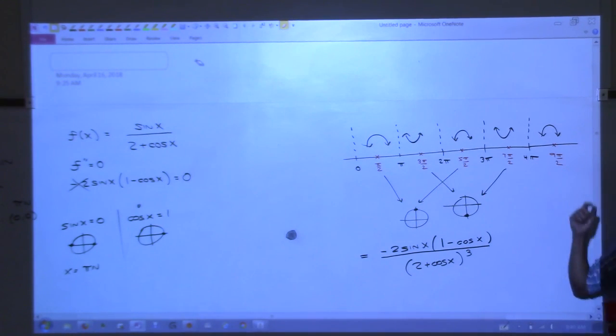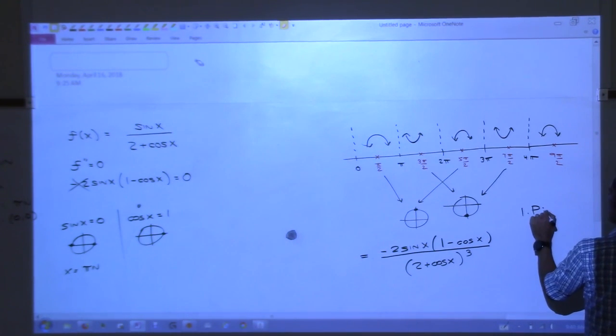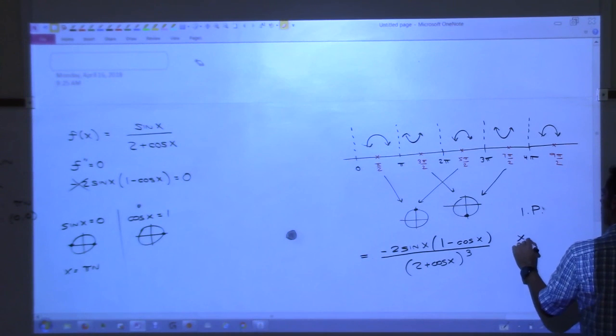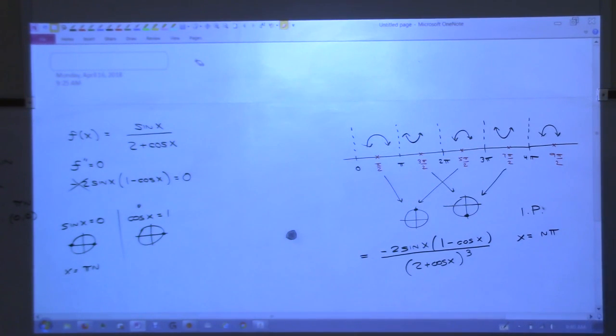We're getting changes in concavity at every single multiple of pi. All right, now what? Inflection points at x equals n pi, or pi times n, at every one of these.